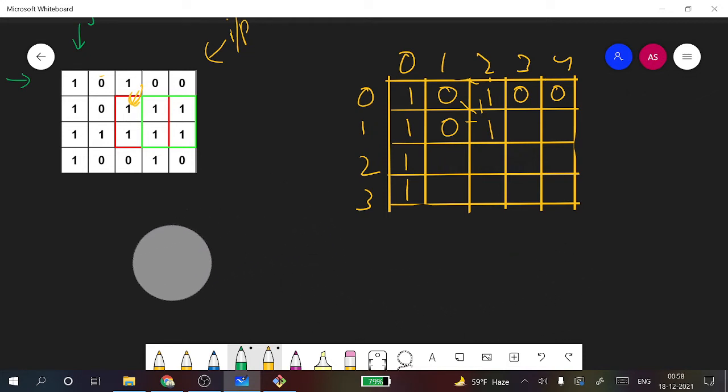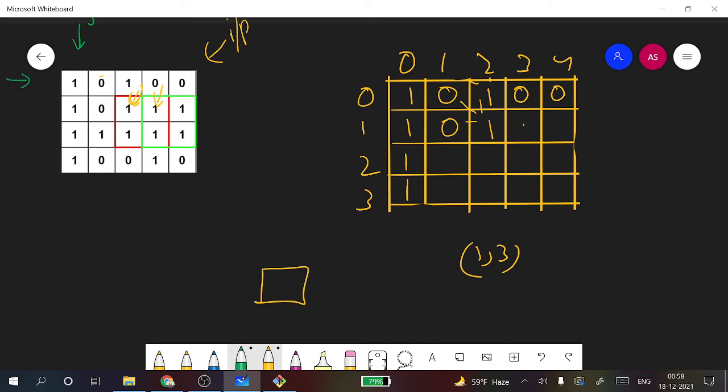Now for 1, 3, which is this one, we check that it has the value 1, which means this block can be considered as the rightmost bottommost block. Now we will try to build this. Since it is 0, we cannot consider the upper here. 1 we can consider, but since it is 0, we cannot expand like this because we cannot take this block to make this entire 2 cross 2.